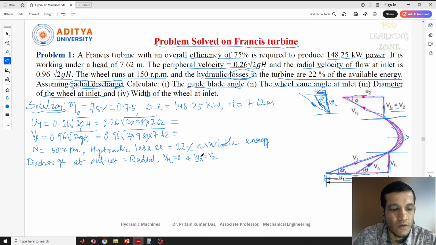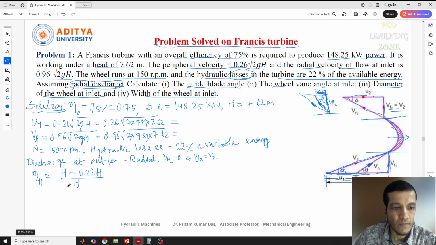Now what is given here is that 22% of the available energy is lost. We know that hydraulic efficiency equals the total head at inlet condition minus the losses, divided by the head at the inlet.